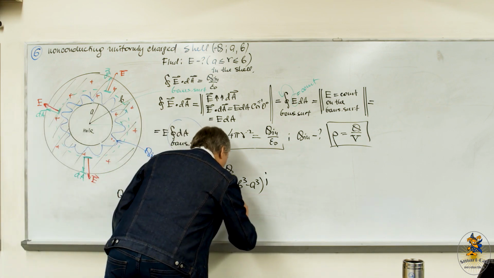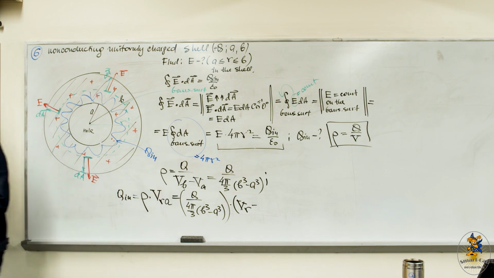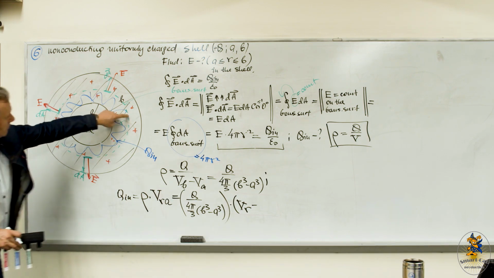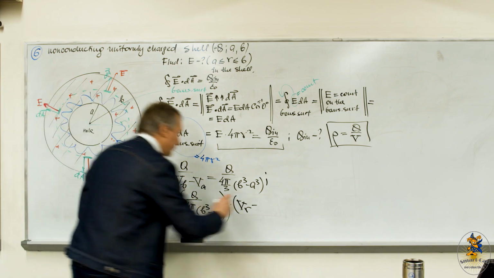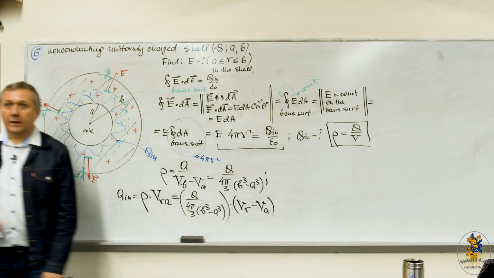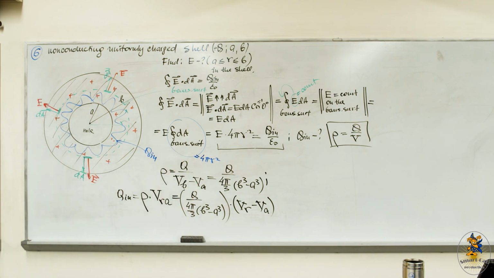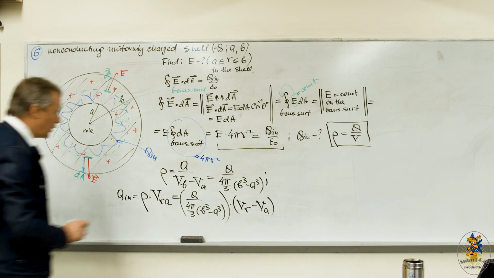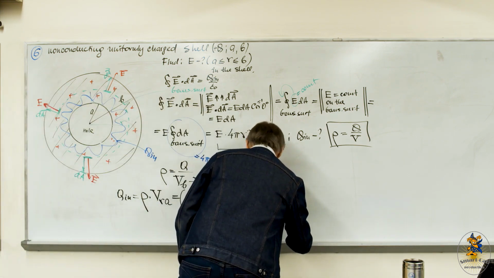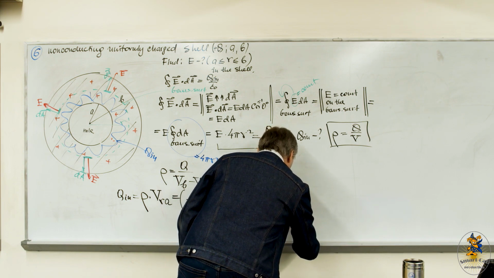So again, it's the volume of this sphere with radius r small, right, minus the volume of the sphere with radius a. Again, like over here, subtracting the hole, because the hole is empty. Okay, so finally it will be Q over 4 pi over 3.